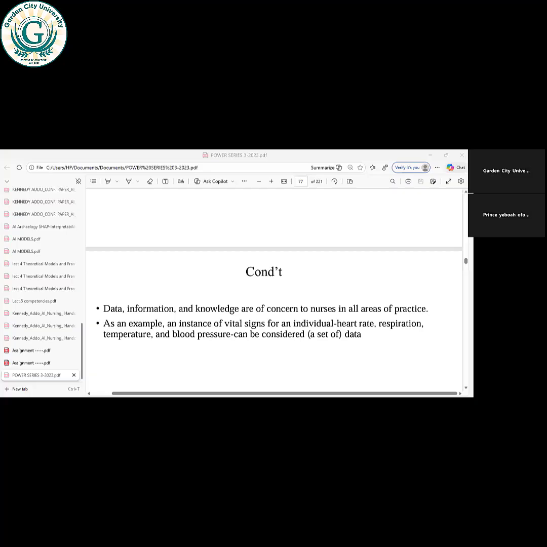That is the data. When we calculate the body mass index, that is the information that we have gotten. And then we will use the information to make a conclusion whether the person is underweight, overweight, or having a normal weight. That will be the knowledge.